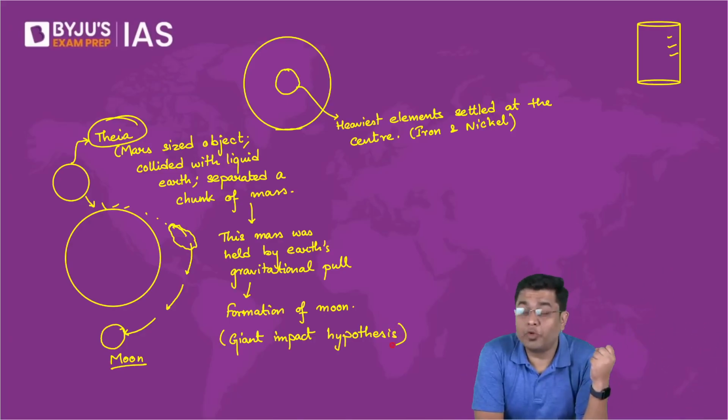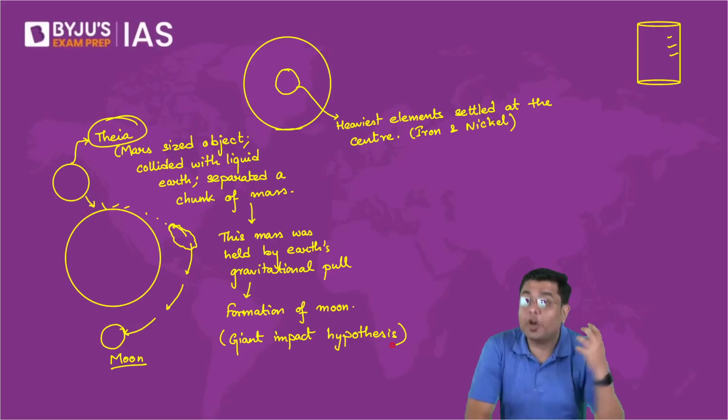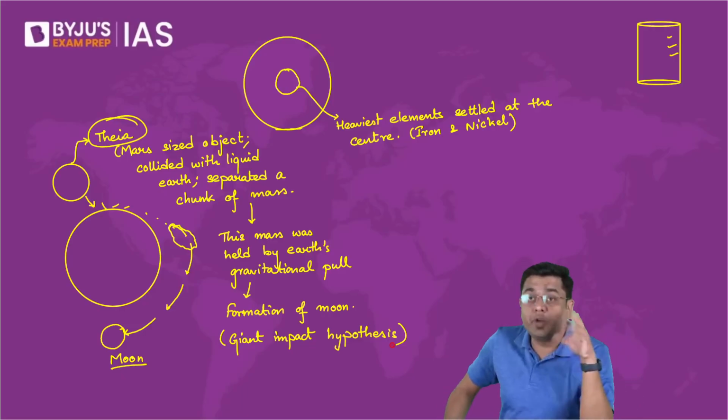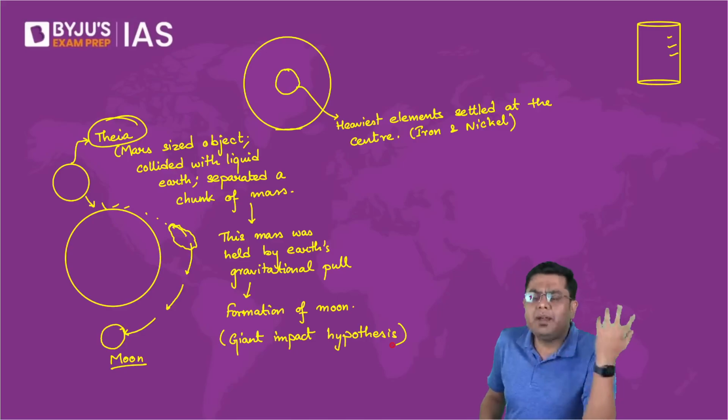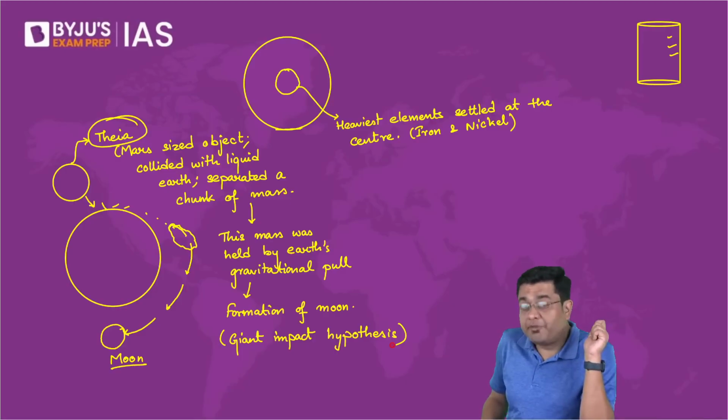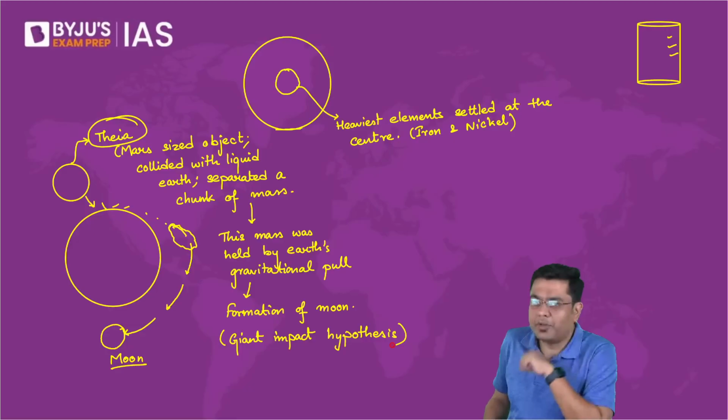Such a large impact Earth has never experienced since that point of time. It was one of the largest collisions that Earth witnessed, and it witnessed it in its very unstable form. Had that collision taken place when the Earth was solidified, the impact would have been disastrous. The climate, the atmosphere, everything would have been completely taken away. So that is why it is referred to as the giant impact hypothesis.